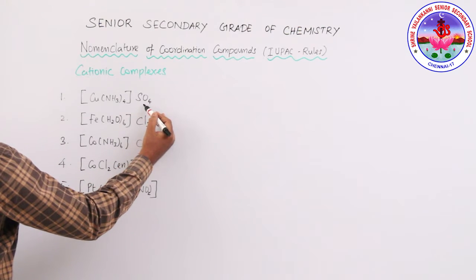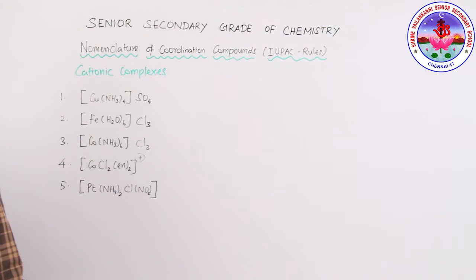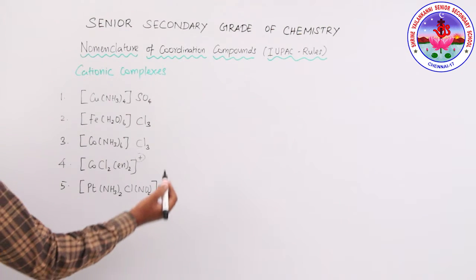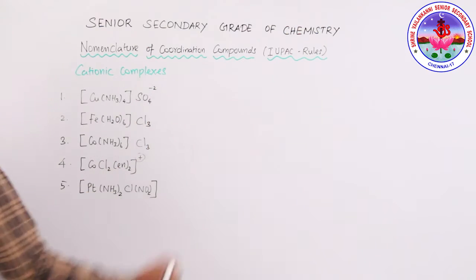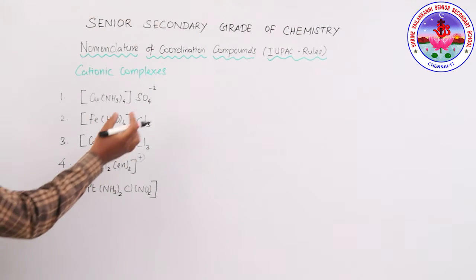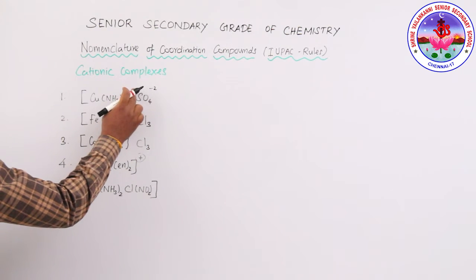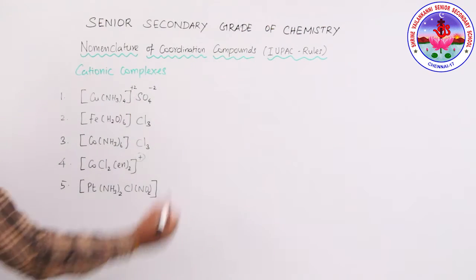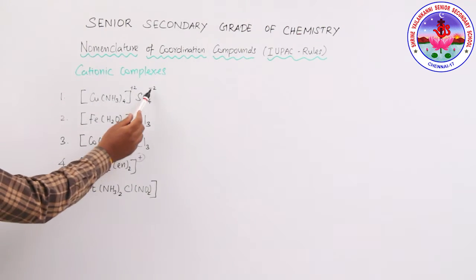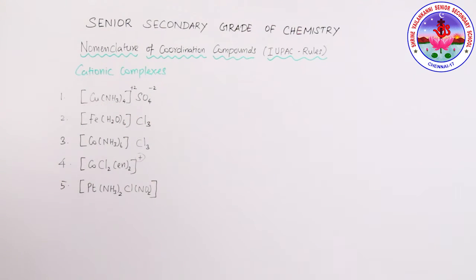Look, this is SO4, the sulfate ion. The charge of sulfate is -2, so the complex charge should be just the opposite, that is +2.